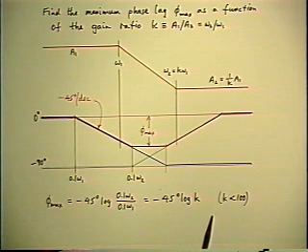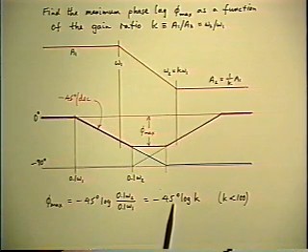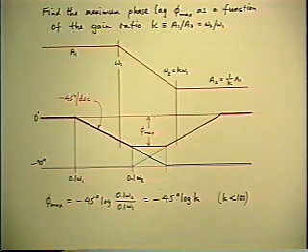Log of 20 is 1.3. So 1.3 times 45 degrees is the maximum phase lag you would get for throwing away 26 dB. So that's a very simple little result to keep in your notebook. It's sort of like a handbook page, something easy to look up when you happen to need that result.